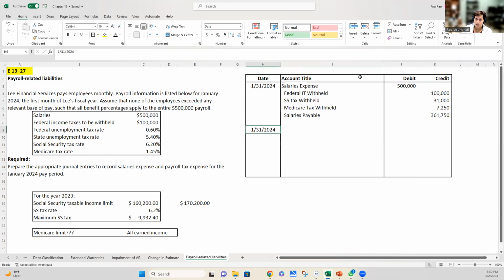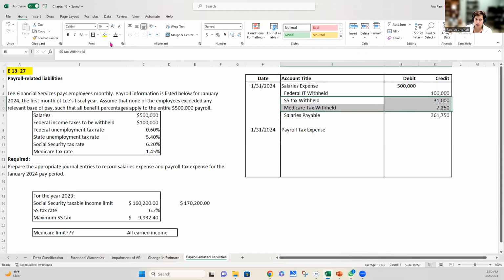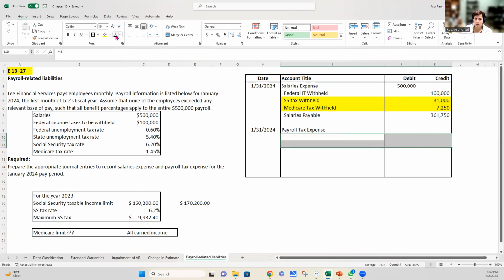Now, my bill for the payroll is not 500,000, it's more, because on this 500,000, I have to pay payroll taxes. So this number that I have over here, the Social Security and Medicare taxes, guess what? The employer pays it and the employee is going to pay it.